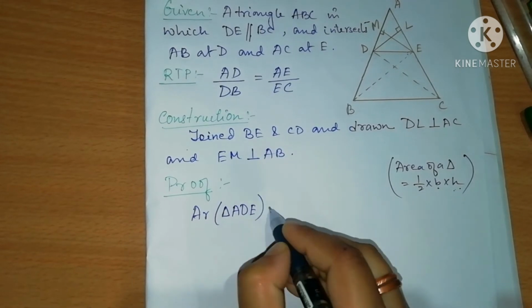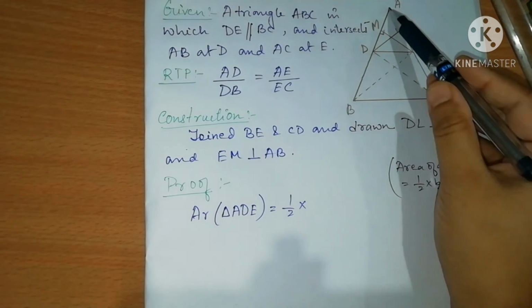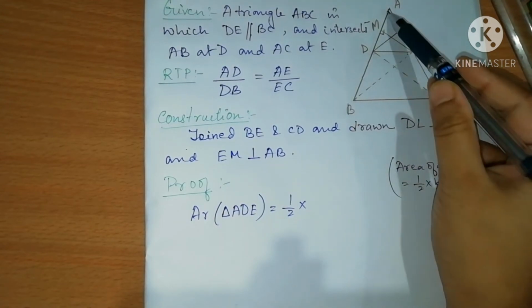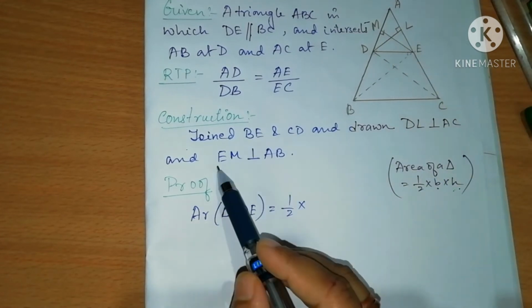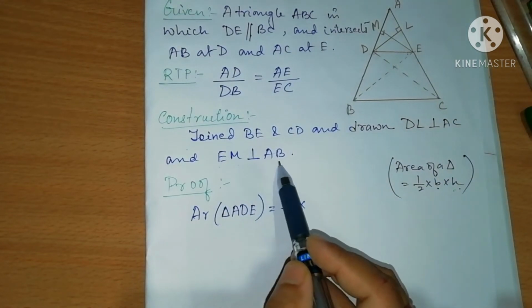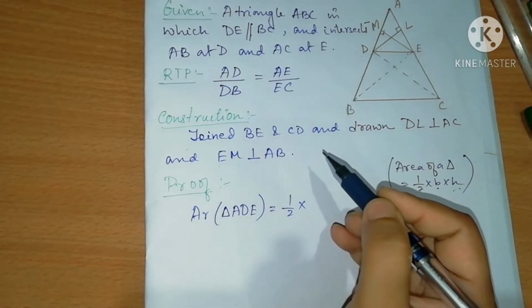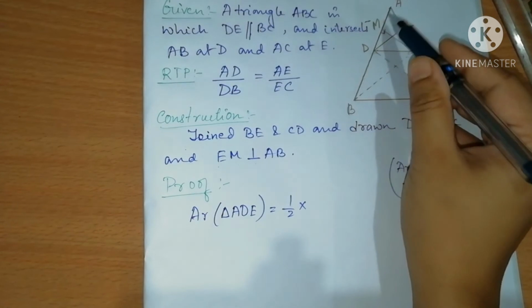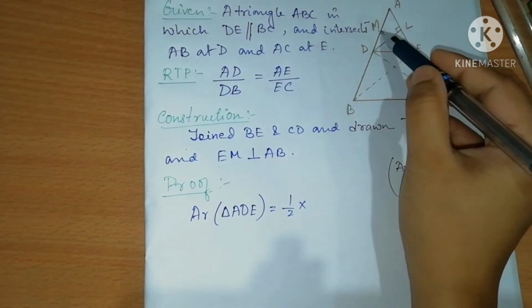So area of triangle ADE is half into base. You can see, as we have done, that EM is perpendicular to AB. If EM is perpendicular to AB, then EM is the perpendicular.